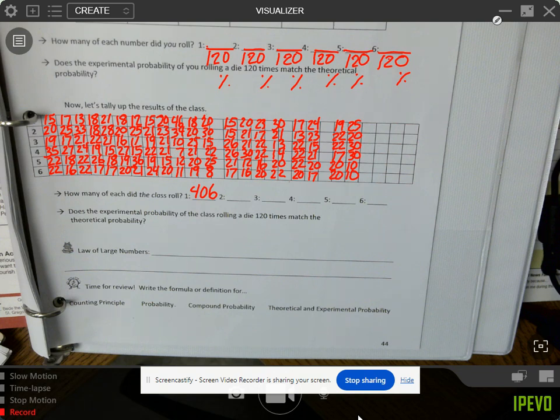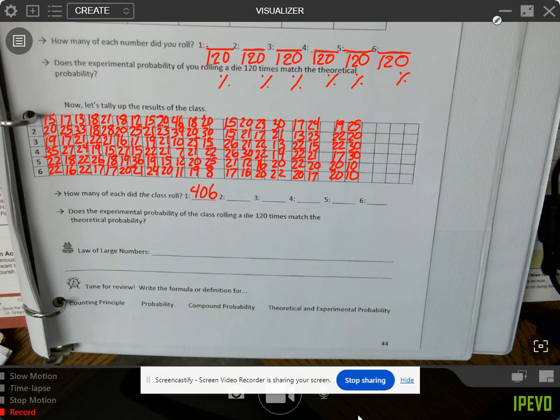I'm going to do the twos now. 20 plus 25 plus 33 plus 18 plus 28 plus 20 plus 25 plus 21 plus 23 plus 34 plus 20 plus 30 plus 15 plus 21 plus 17 plus 21 plus 13 plus 23 plus 22 plus 20.